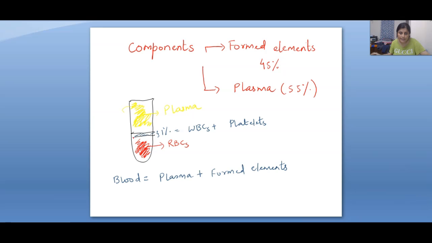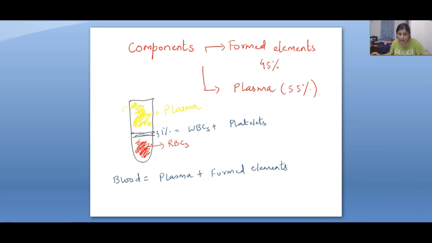This is actually a centrifuge tube, and when you take a sample of blood from any individual and centrifuge it, you will find that the red part is settled at the lower end and the yellow part is settled at the upper end, and in between some frothy complex type of material is formed.